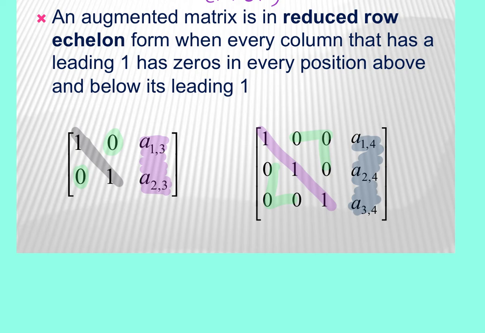In row echelon form, you'd end up with a triangle system. So I'd end up with one equation with 3 variables, one equation with 2 variables, and one with 1. And we do that back substitution where we take the one with 1, plug it into 2, take the one with 2, plug it into 3. So from row echelon form, you're creating a triangle system. From reduced row echelon form, you have your answer already.